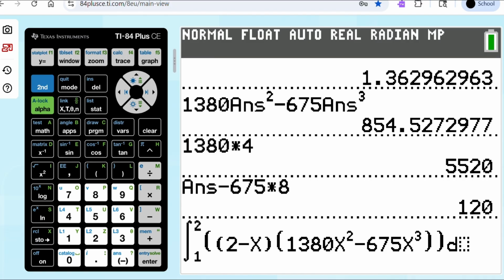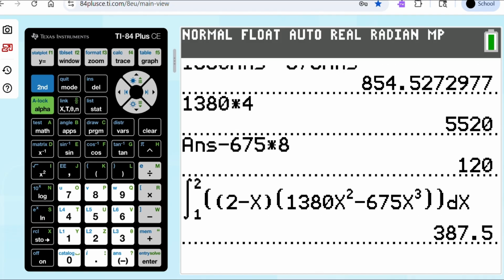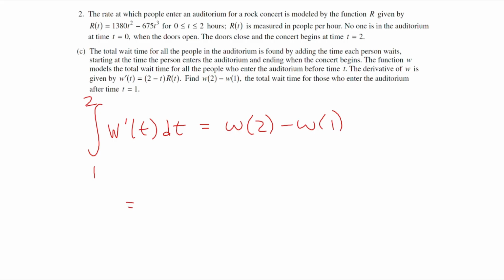And so that is what we're asked to integrate, 2 minus t times r of t from 1 to 2, and it comes out to be 387.5, in this case, hours. So the total wait time of all the people that entered between 1 and 2 hours was 387.5 hours.